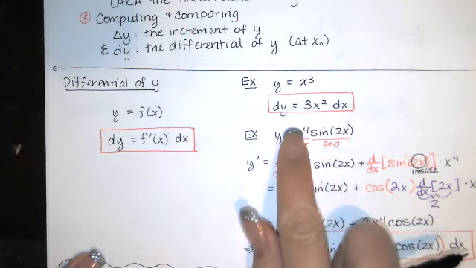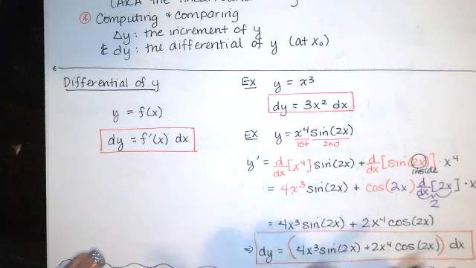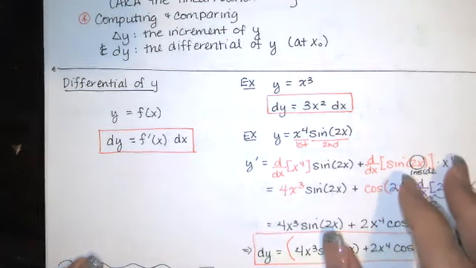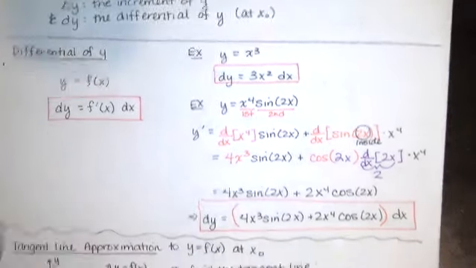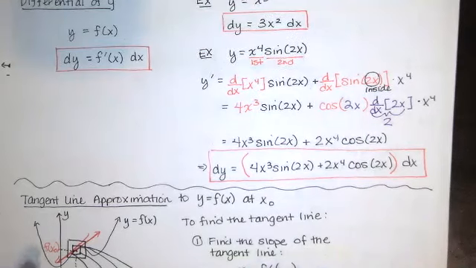If y is x cubed, we get 3x squared dx. If y is x to the fourth, 4x cubed dx. If y is sine of x, dy is cosine of x dx. You just take the derivative and you multiply by dx. It's very simple, and it's going to be very useful when we start talking about antiderivatives and u substitution and all of the techniques in the next chapter.